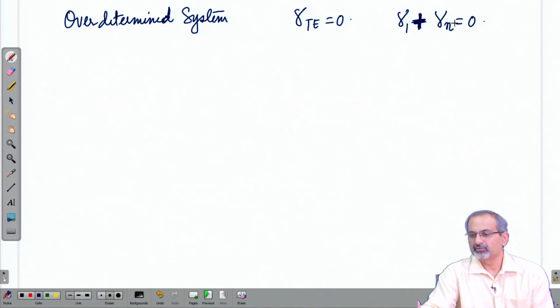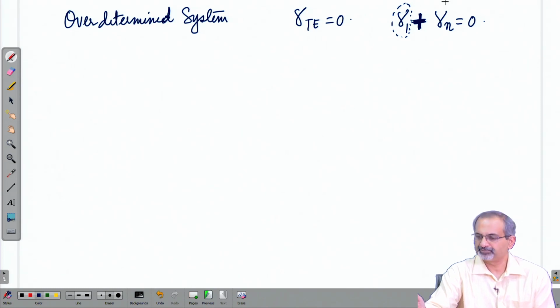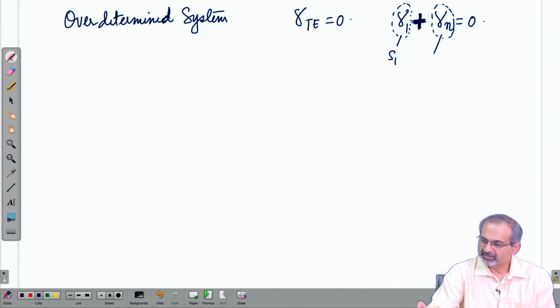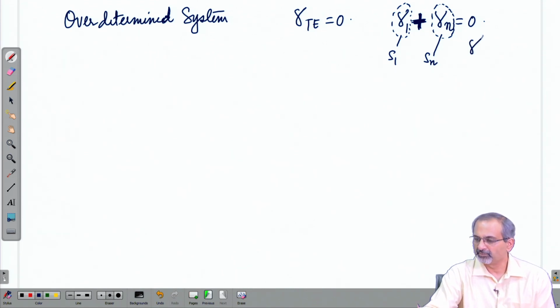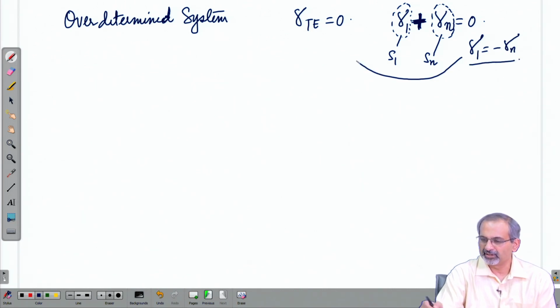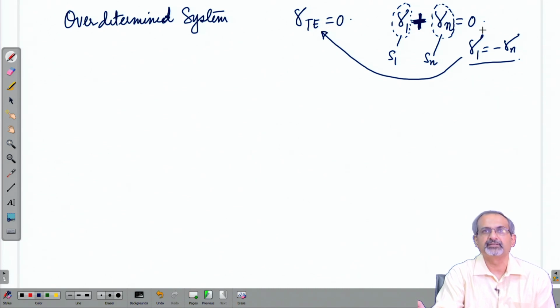Why we said equal length was because these are strengths per unit length, they have to be multiplied with the length of the first panel. Similarly, this has to be multiplied with the length of the nth panel, and then you have to sum it to 0. But here S 1, if it is the length of the panel, is the same as S n, which is the length of the nth panel, and then they go out of the equation altogether. So, what it basically means is gamma 1 is equal to minus gamma n. So, that is how we approximately satisfy this condition.